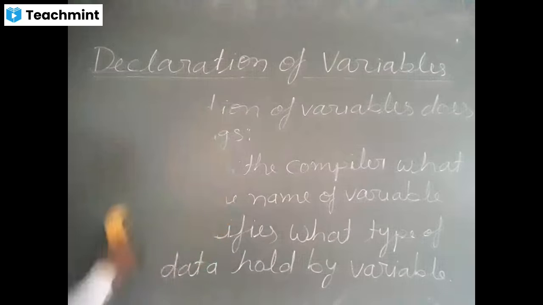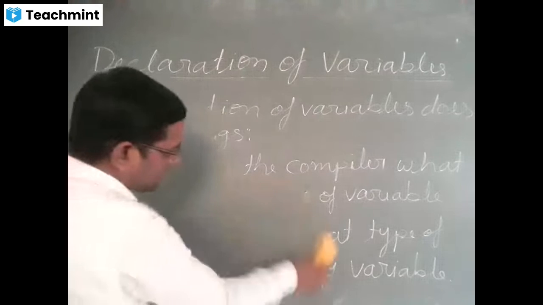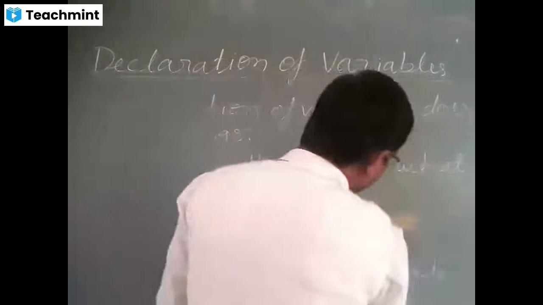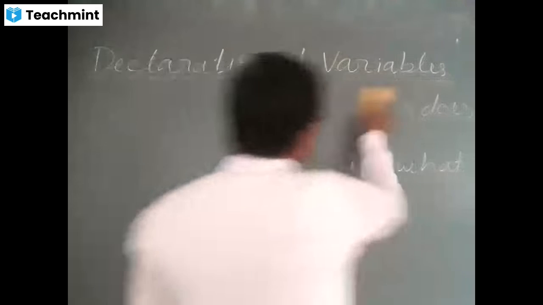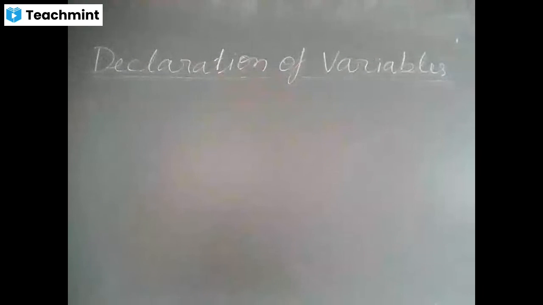There are two different ways by which we can declare the variable in a C program.